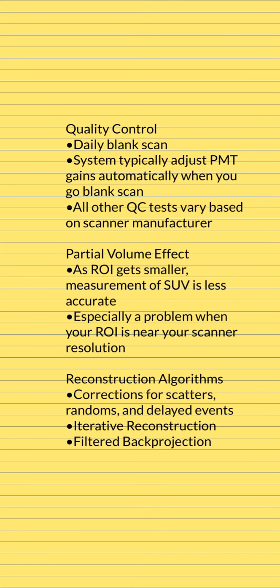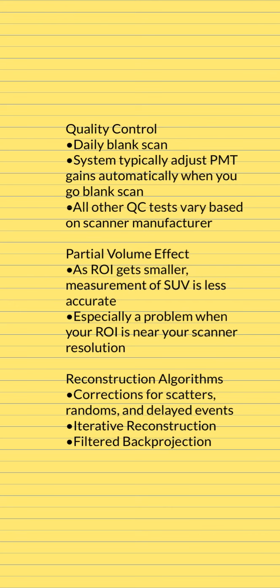We really want to make sure that everything is functioning, that way we can get all of our counts. We can get all of our data to be reconstructed correctly, and for the image to be the most accurate representation of how the tracer is being processed throughout the body and where the annihilation reactions are actually occurring.